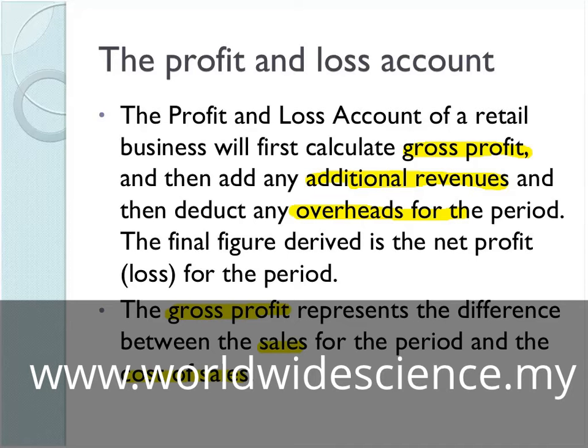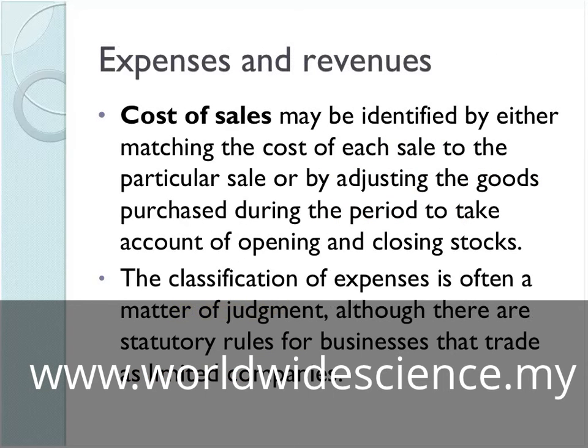Yes, the profit and loss account is the same as the income statement. These are the same things. Sometimes we call the income statement the profit and loss account. As you can see, the formulas are the same. So let's see the next one.